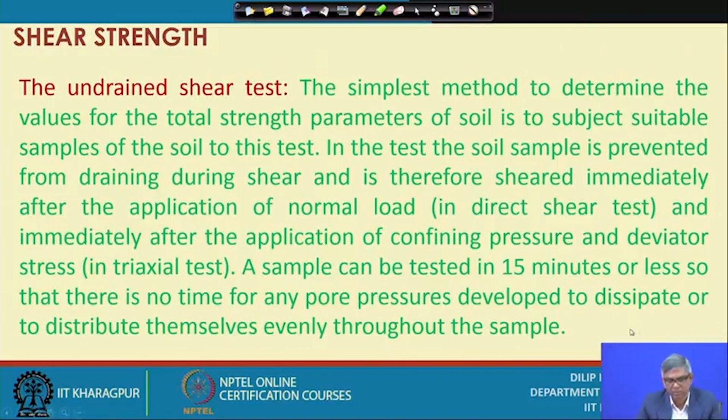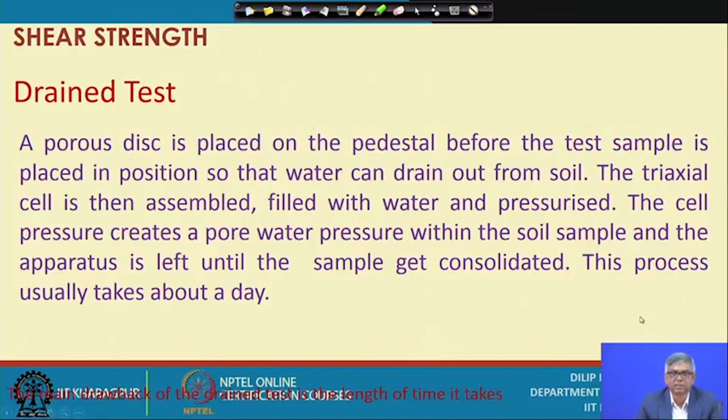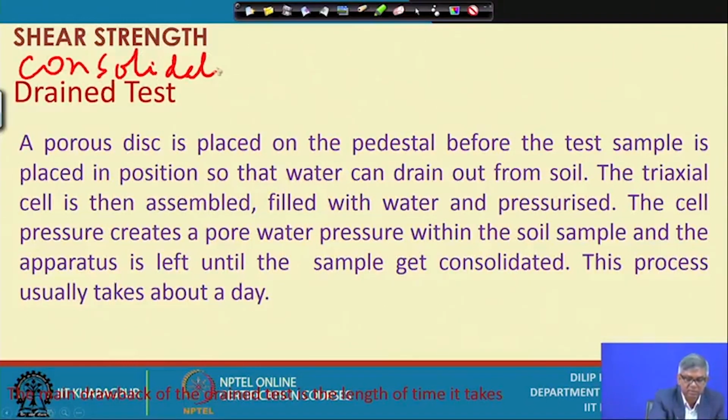Next is the drained test. Before drained, I could have done the undrained test also, either way it is the same. Drained test means, this is actually the consolidated drained test.